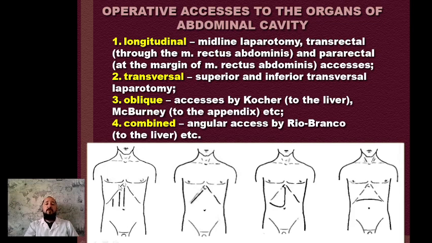Also, longitudinal incisions could be transrectal and pararectal. Transrectal means that we cut in just through the rectus abdominis muscle. Pararectal means that we cut near the margin of the rectus abdominis muscle.